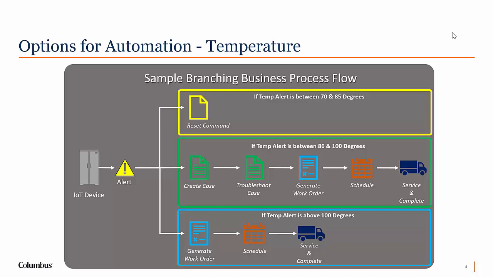So we may want to create a case, have a look at that case, then have the service technician decide that maybe this does need some local field engineer expertise, and so generate the work order, schedule that, and then service and complete. But if the temperature is above 100 degrees, maybe this is enough of a problem for us to just go directly to generating a work order, scheduling that, and servicing it and completing it.